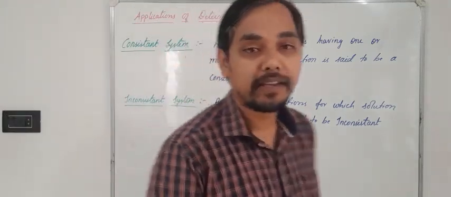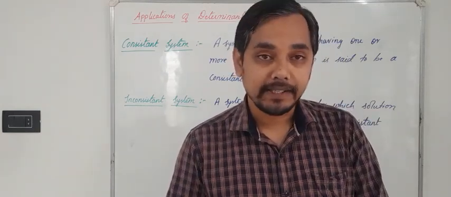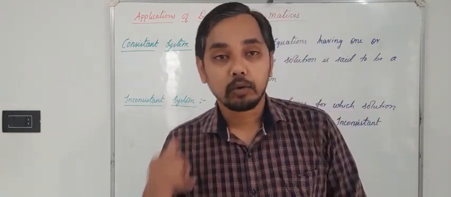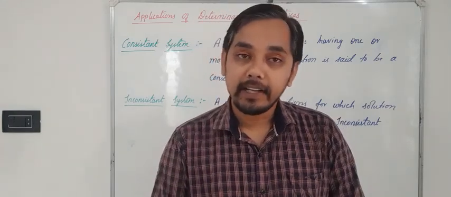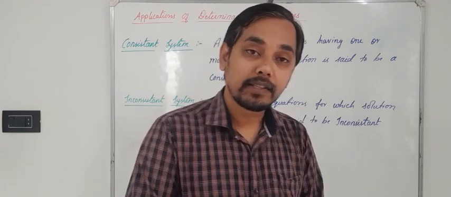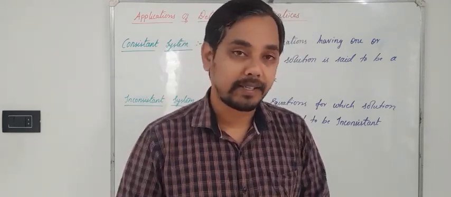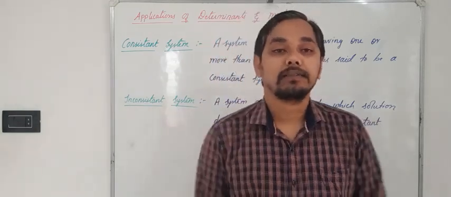So these are called consistent and inconsistent systems. Now you can make a note of these definitions. Then I will tell you how to identify whether the system of equations is consistent or inconsistent using the method of matrices. Make a note of this.